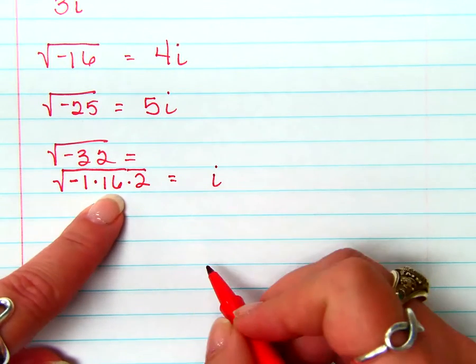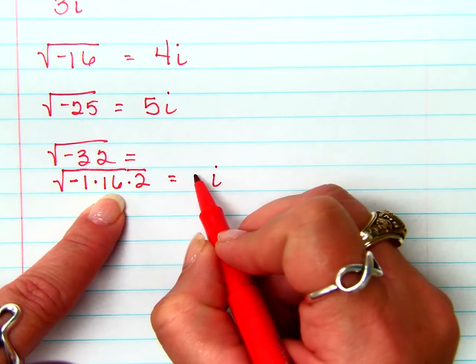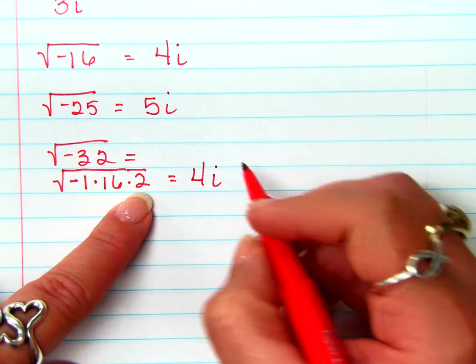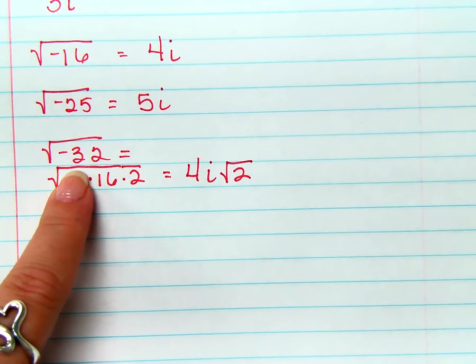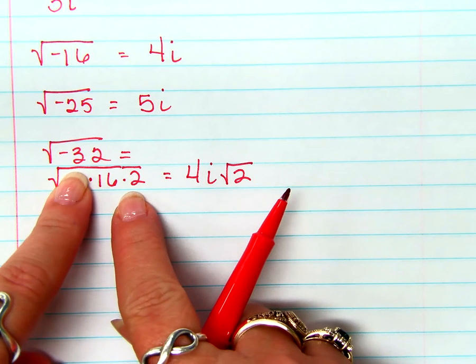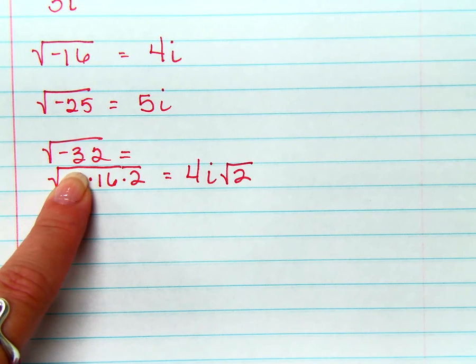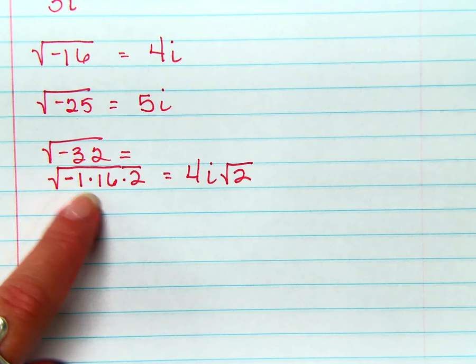What's the square root of 16? 4. What's the square root of 2? I don't know. Done. So up to here, without the negative 1, we've done that already, haven't we? We spent some time on that when we first started talking about radical expressions. You remember that? So now we're just adding in a negative 1.